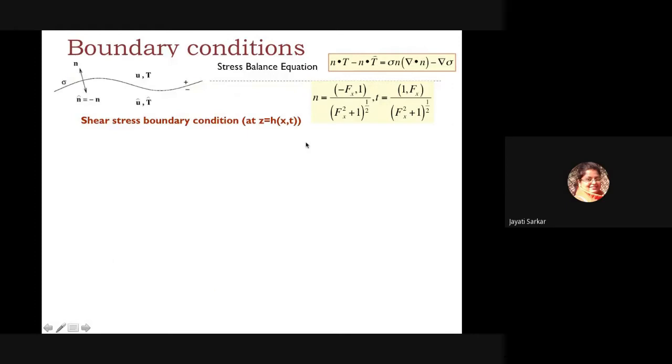So if we want to solve the Navier-Stokes equation, we have to write and understand the boundary conditions. If you look at the shear stress boundary condition at the top surface, what we have done is basically the stress balance equation. We have done a dot product of that with the tangential direction, and simplified by putting in the stresses T and the surface tension.